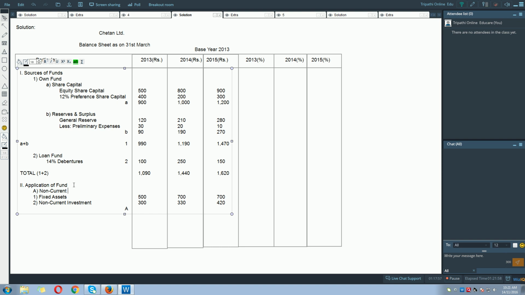Application of funds. In this first will be fixed asset, then non-current investment.